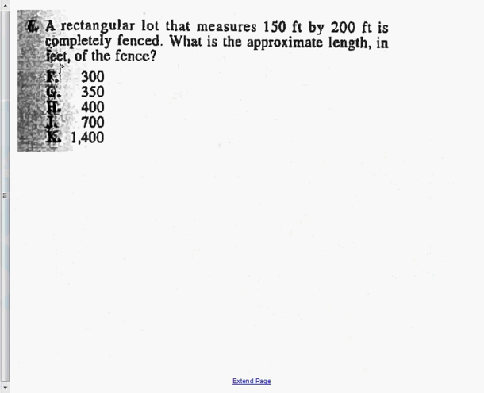Okay, the next one. A rectangular lot that measures 150 feet by 200 feet is completely fenced. This is 150 feet.